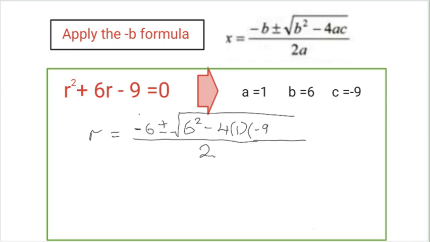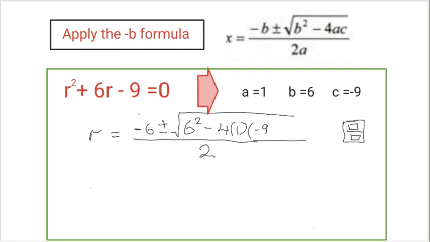So you can put this into your calculator, use the fraction button, and it will work out. Do the plus first and then do the negative. In this case we're taking the plus because we want to get a positive answer, because we're dealing with area and length.